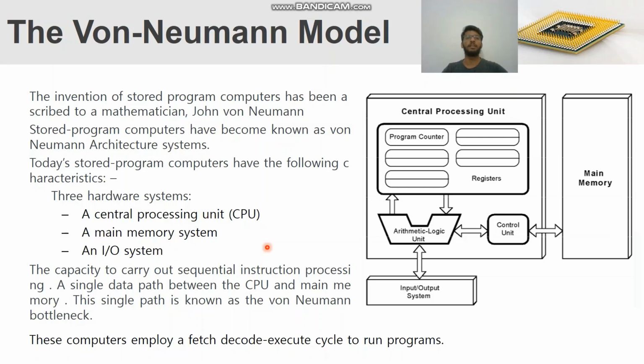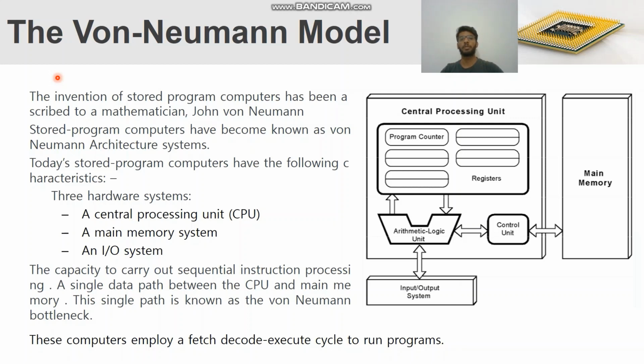Moving on to the next slide. Before discussing the instruction set architecture design and its types, here I have presented the von Neumann model of computing, presented by the mathematician John von Neumann. The stored program computers, which we are used to today, are known as von Neumann architecture systems.